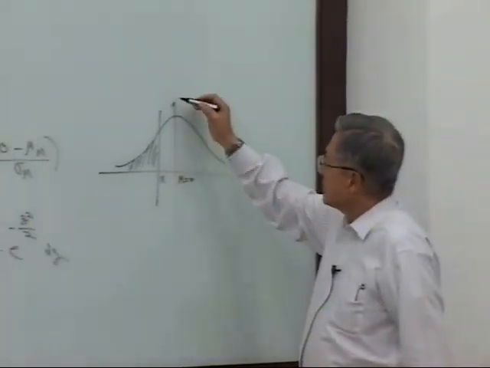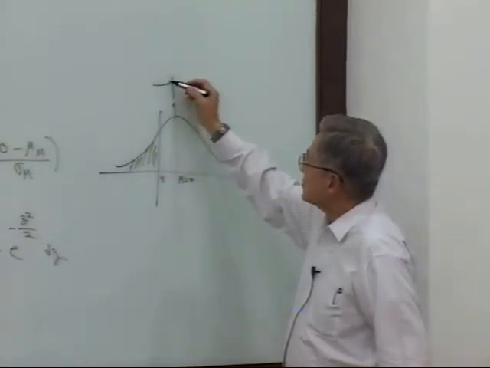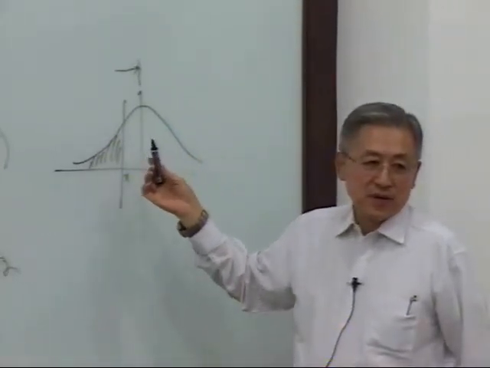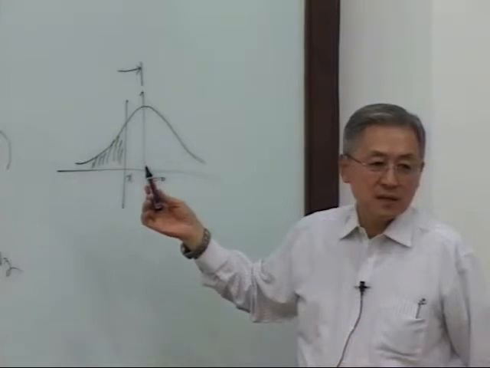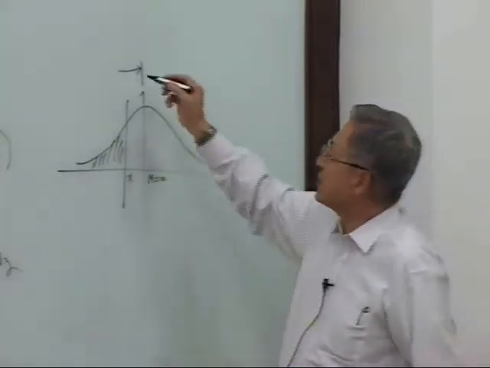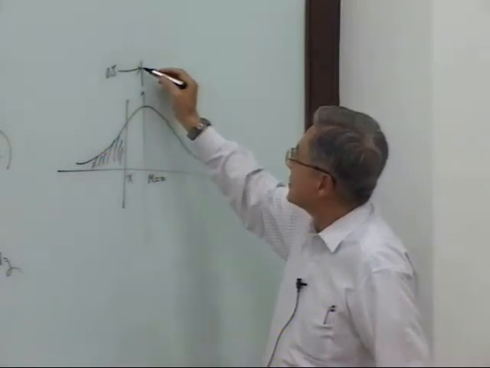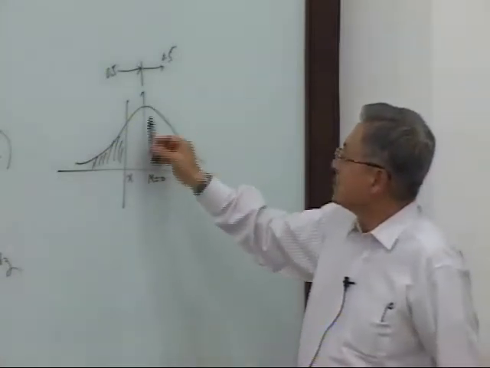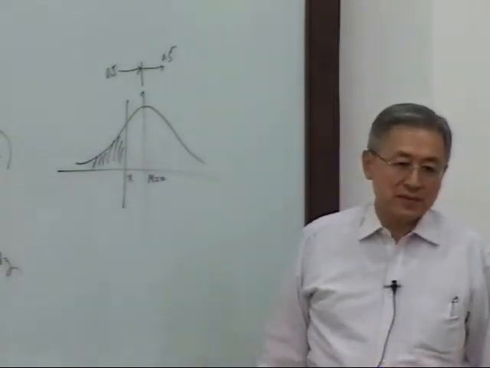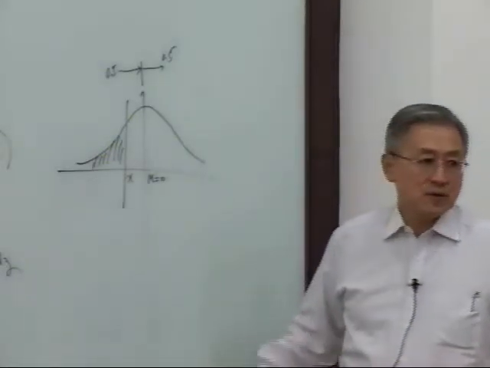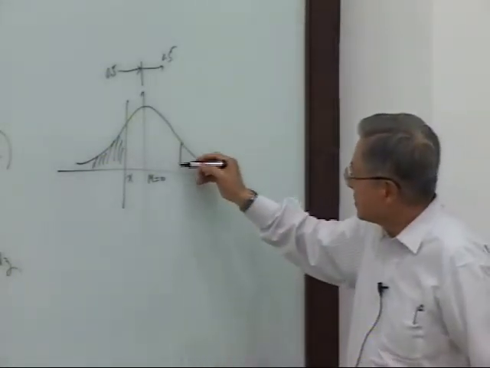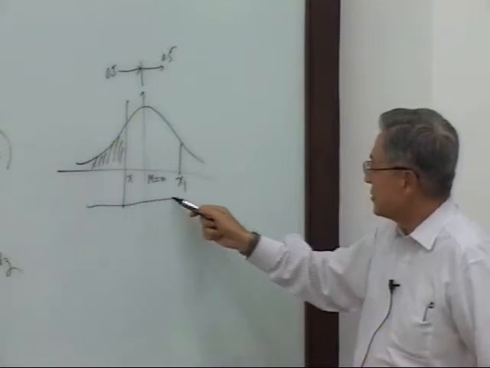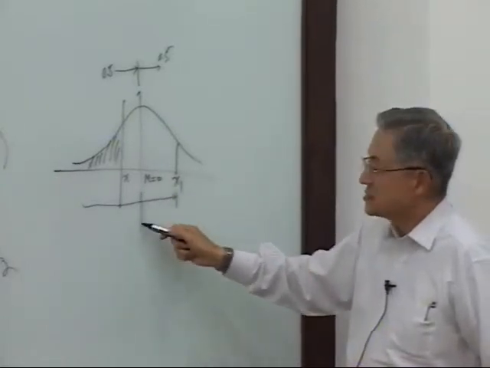But we know half of the area, up to 0, is what value? Half, 0.5, right? So the other half is also 0.5. If you look at the table, it only deals with half, because the other half is already known. So if you say I want to compute up to this point x1, then you have to compute the area up to here, and up to 0 is a half.